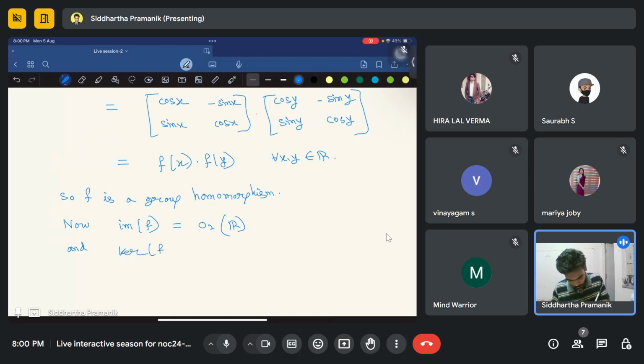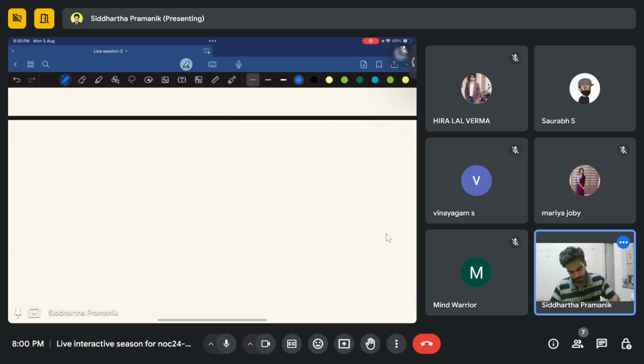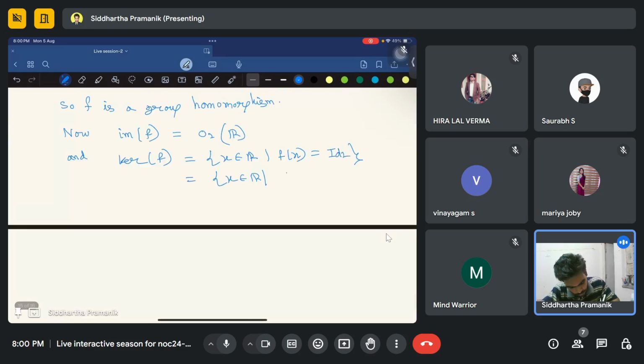So the kernel of f equals x belonging to R such that f of x is the 2 by 2 identity matrix. That is, x belonging to R such that the matrix cos x, minus sin x, sin x, cos x equals the identity matrix of order 2.